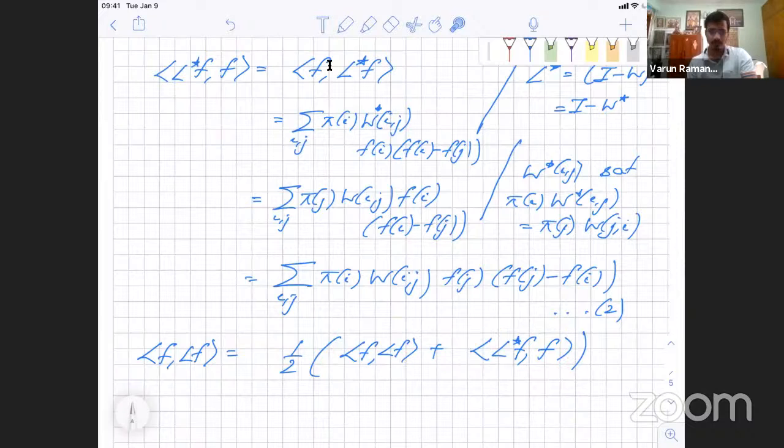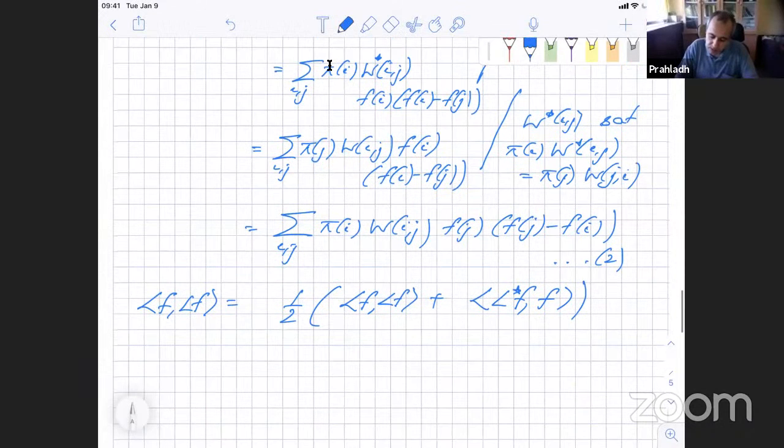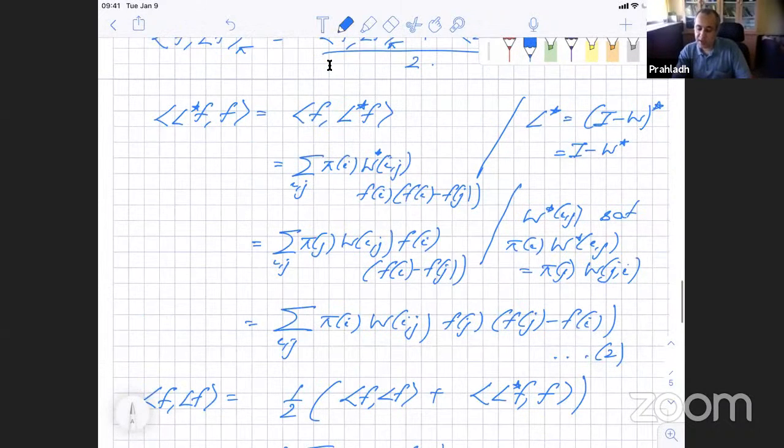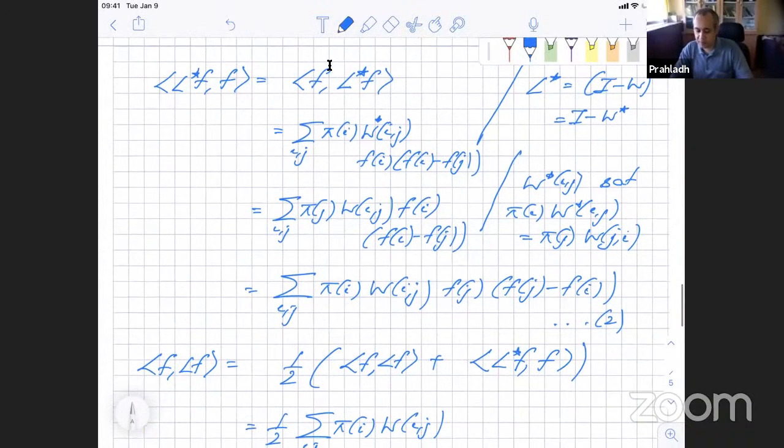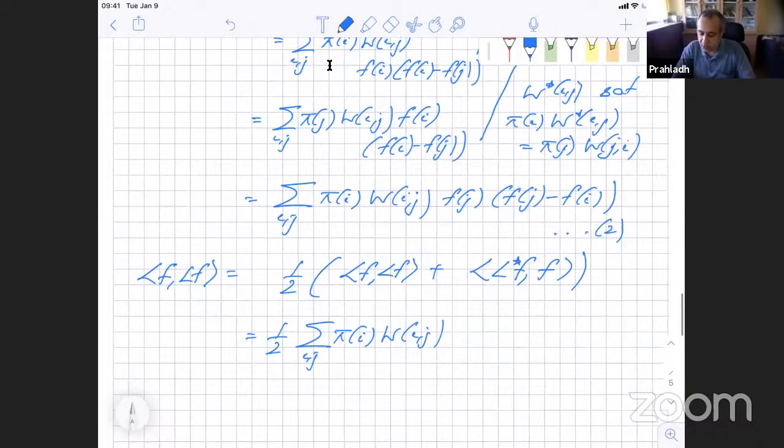So if you notice this is exactly equal to half of summation ij pi I wij. In one case, I have fi into fi minus fj. Other case, I have fj into fj minus fi. If I add them both, I am going to get fi minus fj whole square. Fi minus fj is common, it comes out, and this is what it turns out.